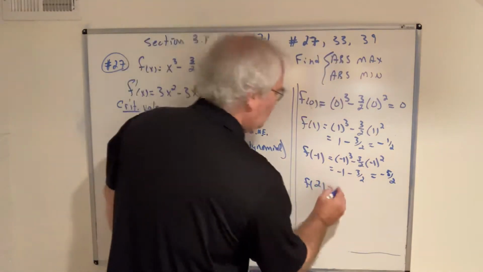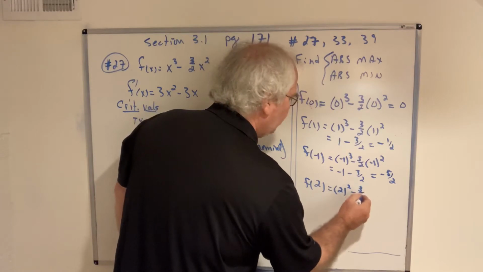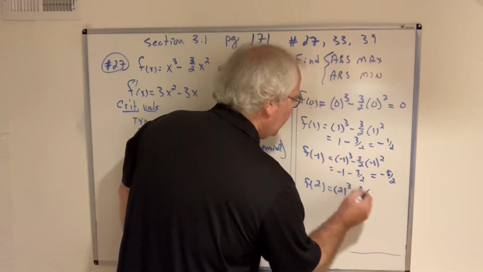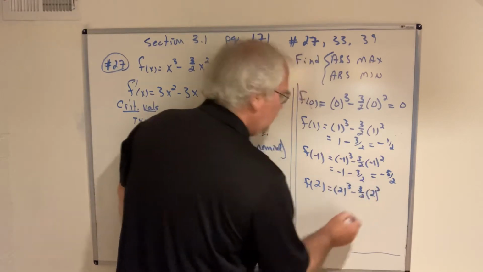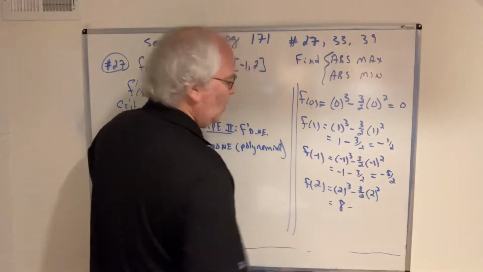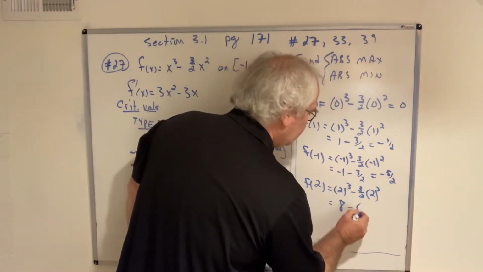And then f of 2 is 2 to the third minus 3 over 2 times 2 squared. That's 8 minus 3 halves times 4. 2 into 4 is 2, 2 times 3 is 6, and 8 minus 6 is 2.